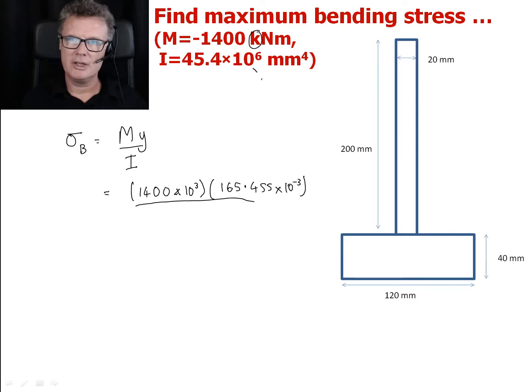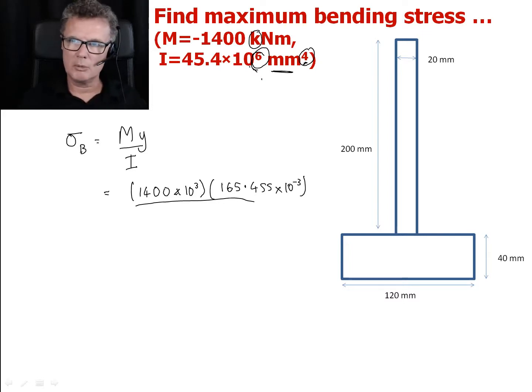Then finally the I value. At the moment it's got times 10 to the power 6. Notice that it's millimeters to the power 4. So that means we need to divide it by 1,000 once, divided by 1,000 again, divided by 1,000 a third time, divided by 1,000 a fourth time.